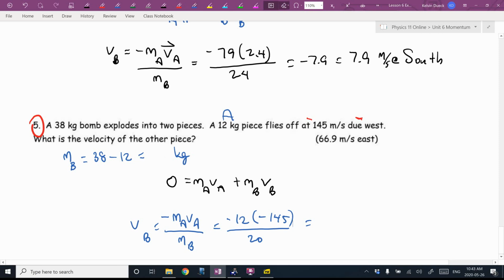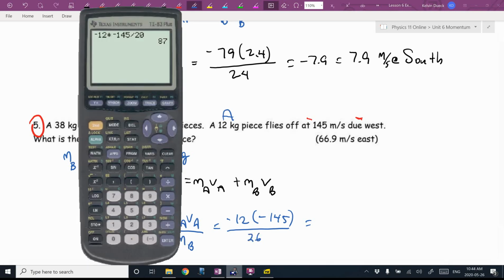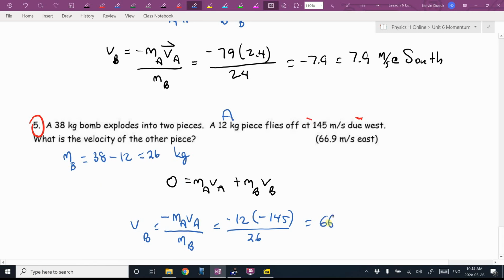Where'd the 20 come from, Mr. Dueck? 26, Mr. Dueck. Wow, wow, wow. Hopefully nobody watches this question for their solution key. 66.9 meters per second. I got a positive answer, so positive is going to be east. Are you sure? Yes, I'm positive. Bad joke.